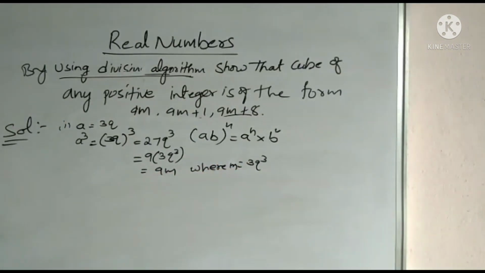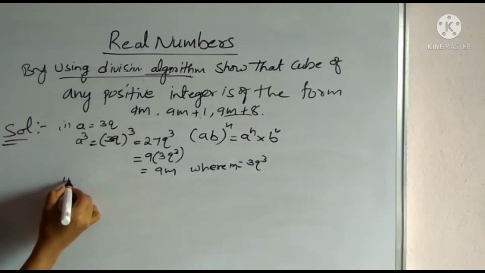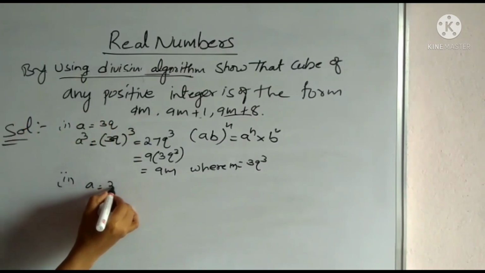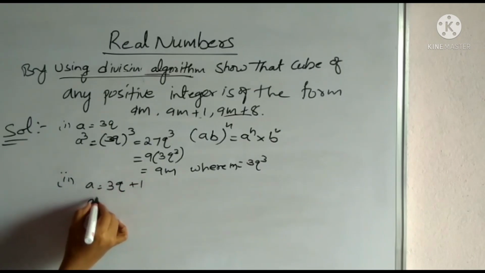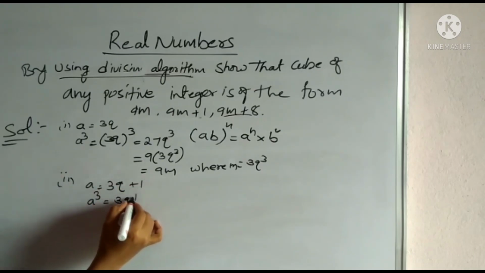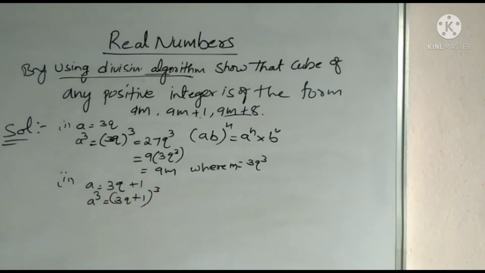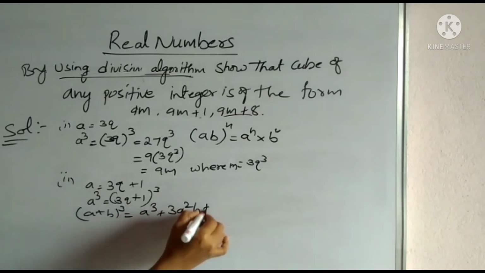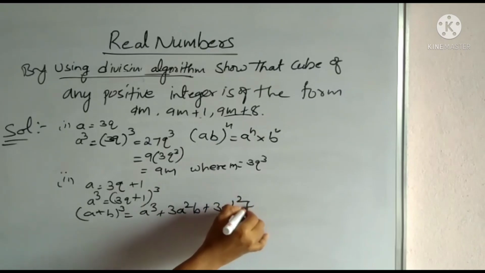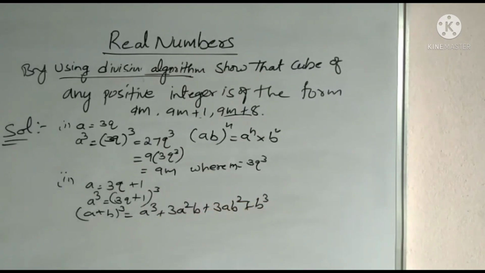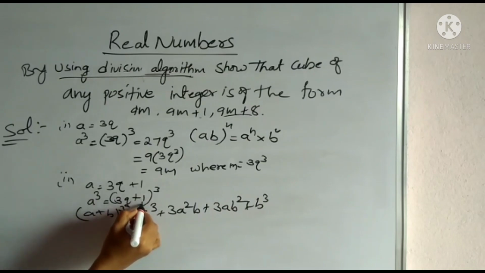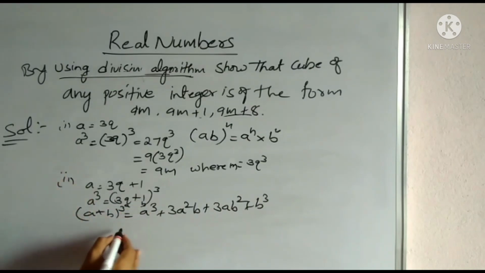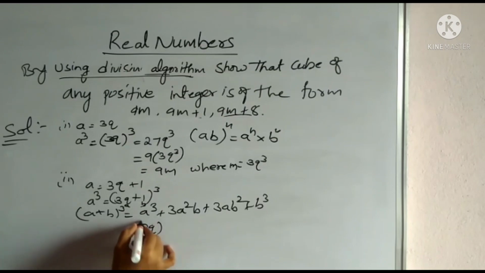Second one, what is a value? 3q plus 1. a cube equal to 3q plus 1 whole cube. So by seeing this, you should remember one formula, which you have already studied in your 9th class, that is (a plus b) whole cube equals a cube plus 3a square b plus 3ab square plus b cube. Here in the place of a, 3q, and in the place of b, 1.